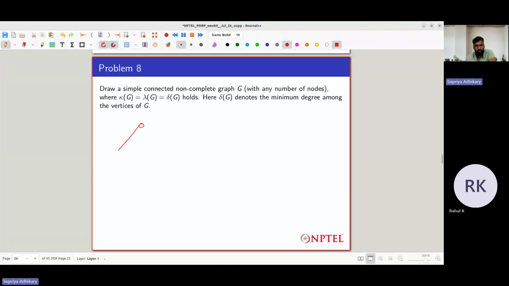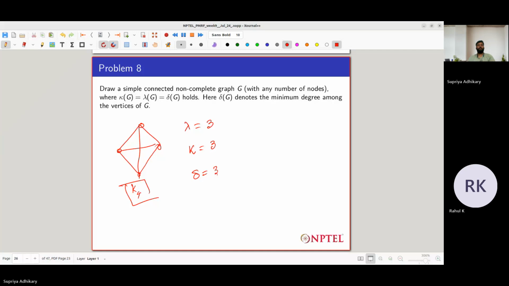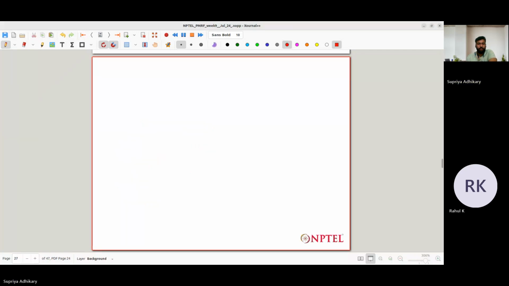Now, if you consider a complete graph, this is true, because the vertex connectivity, edge connectivity, and minimum degree are all nothing but 3 for K4. But we have to find a non-complete graph that actually has this property. So consider this graph.